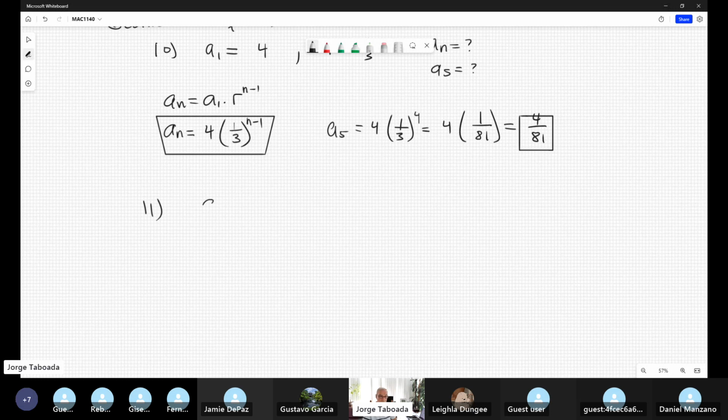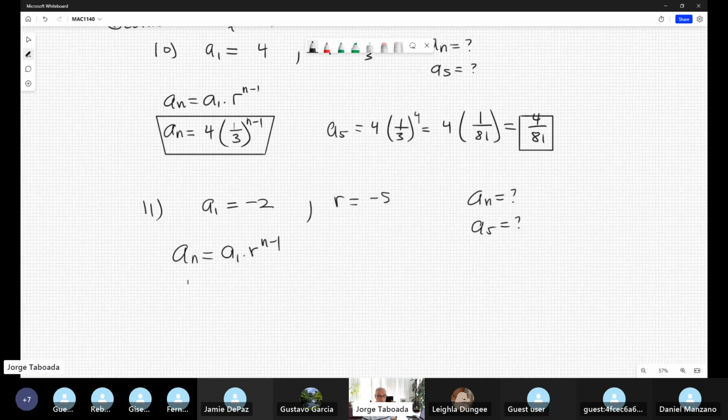11 is a1, again with a common ratio. Sorry, the first term a1 is -2, and the common ratio is -5. Same formula. They want to know the same a sub n and a sub 5. The formula is a sub n is equal to a1 times r to the n minus 1. So a sub n is equal to -2 times -5 raised to the n minus 1.